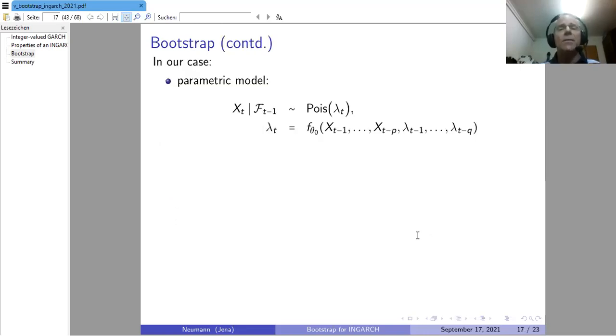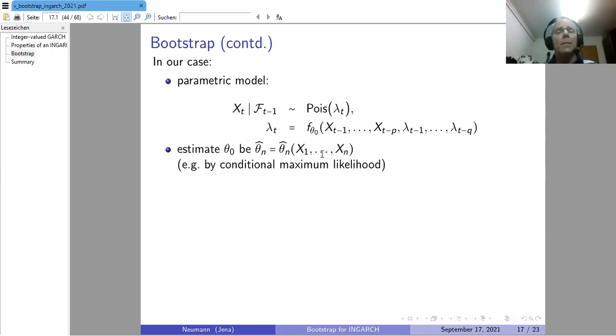So in our case, we have a parametric model, namely Xt has a conditional distribution which is a Poisson distribution. And for this lambda t process, we actually have such a parametric model. This intensity function f only depends on this parameter theta 0.